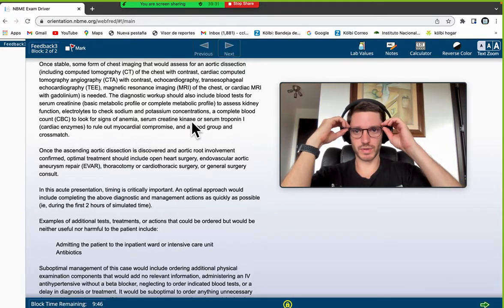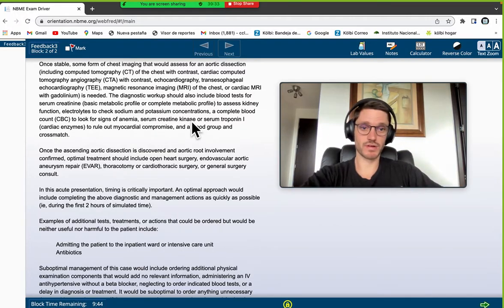In general, we ask for it. Not necessarily go for myoglobin and all those outdated enzymes, but creatine kinase makes sense. Mainly the MB portion, which is more cardio selective.